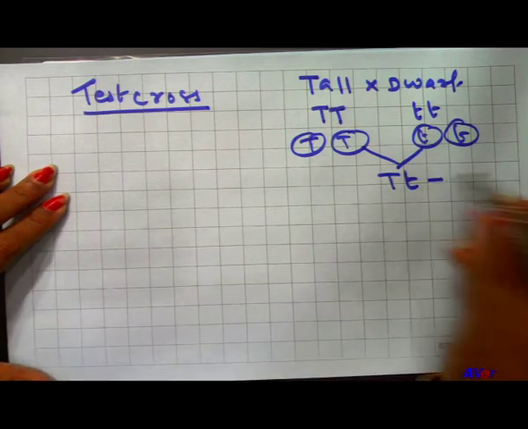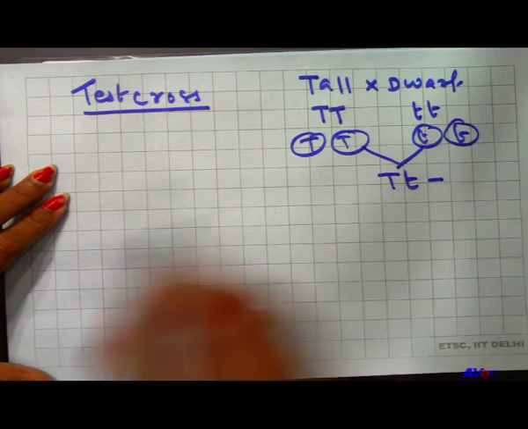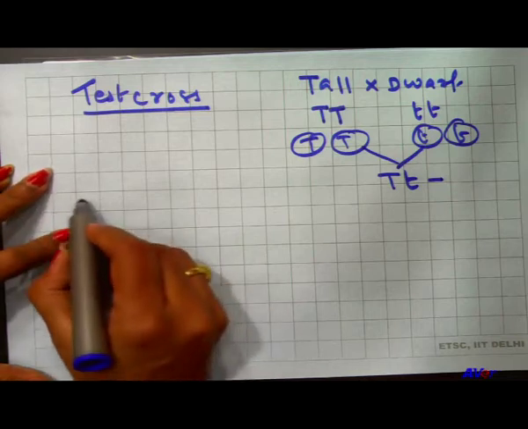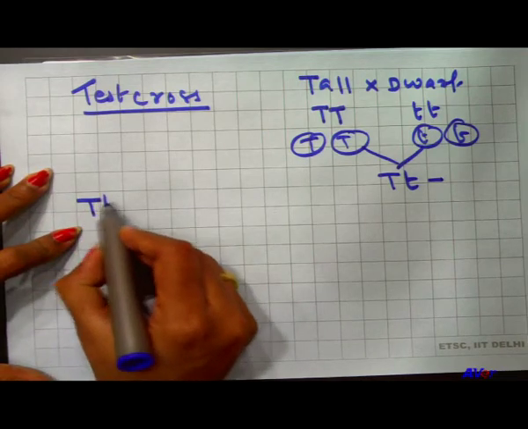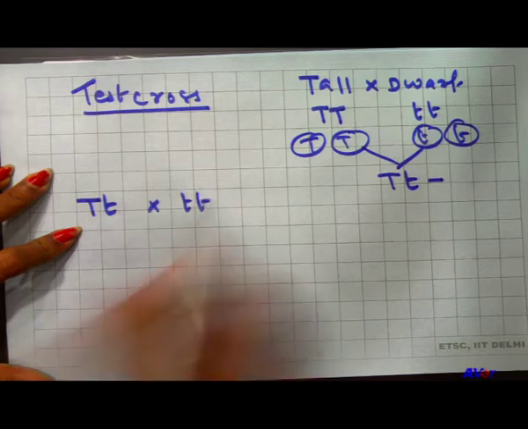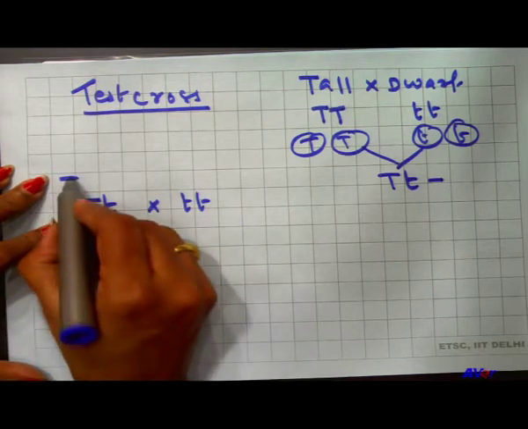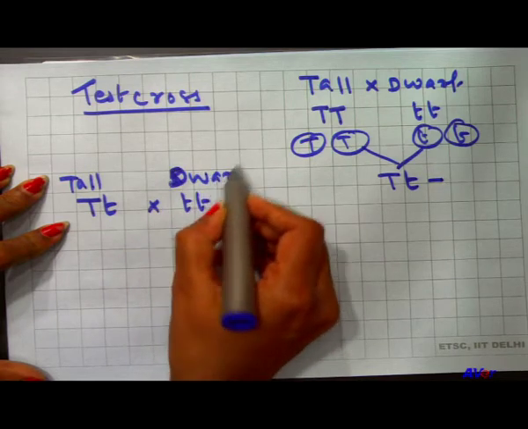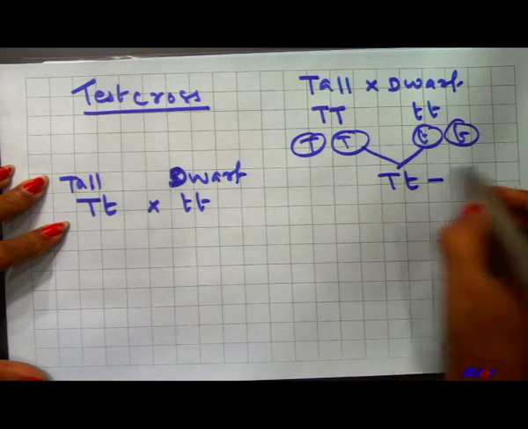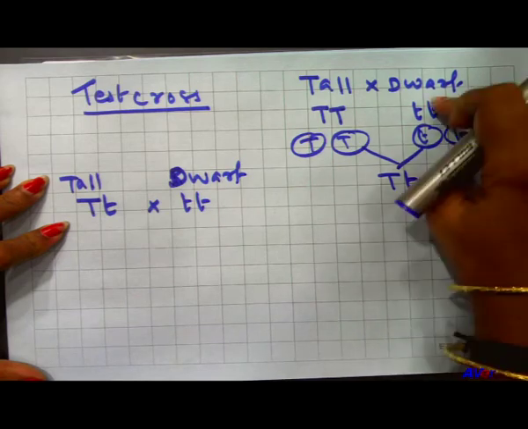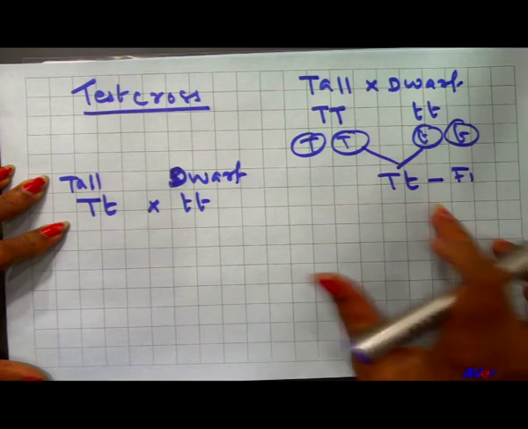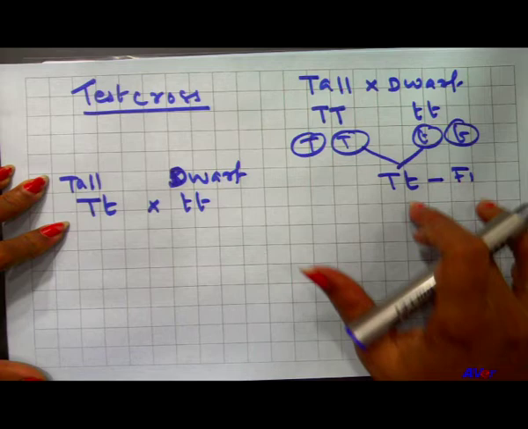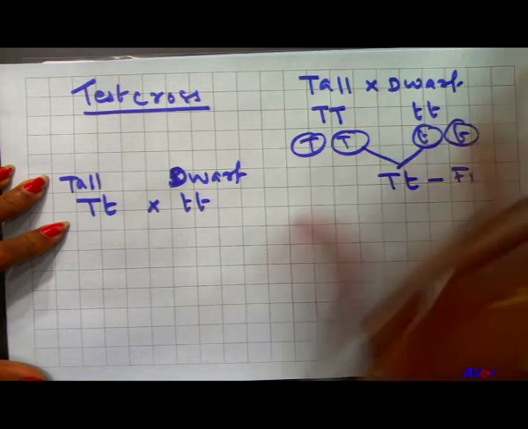This F1 hybrid, we are crossing back to its recessive parent: capital T small t into small t small t. This one is tall and this one is dwarf. We are crossing an F1 hybrid back to its recessive parent, or suppose we do not know the genotype of this individual and we are crossing it with its recessive parent.